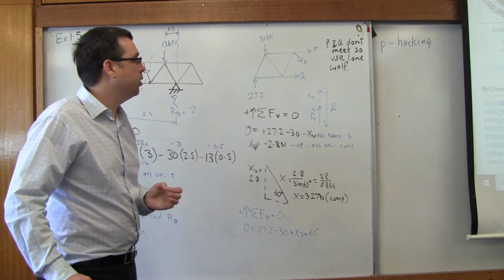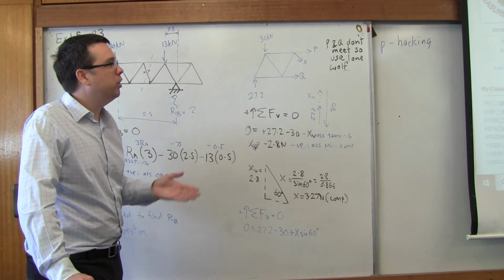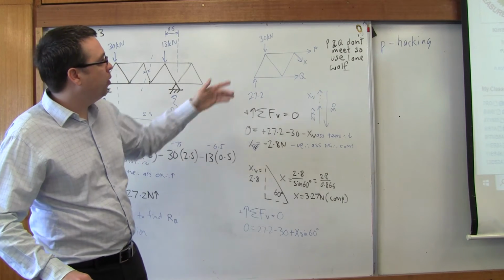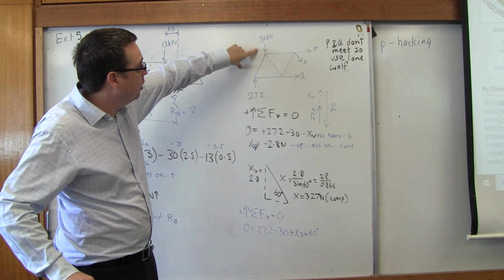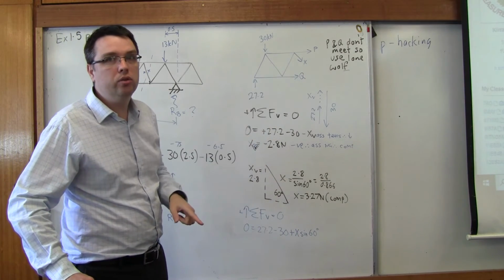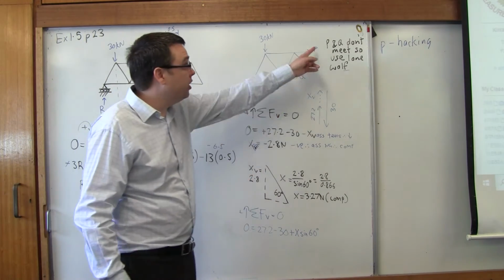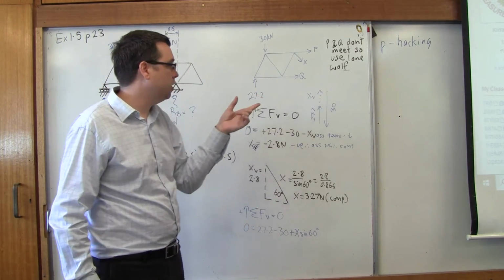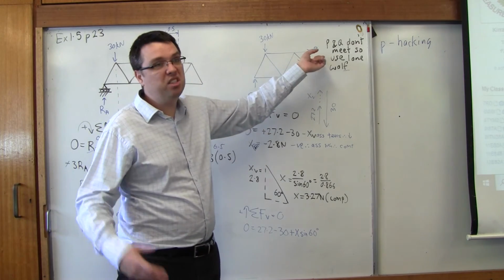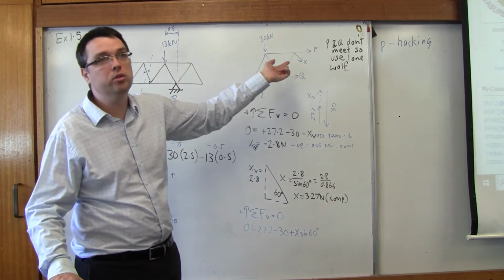Right, so what forces are we looking at here? Well, we have P and Q, and we have an unbalanced vertical force. There's a difference between 30 down and 27 up. That difference is 3 newtons. Now one of these three members has to take that. Somebody has to do it, right? P says, nah, I'm just horizontal forces, sorry.